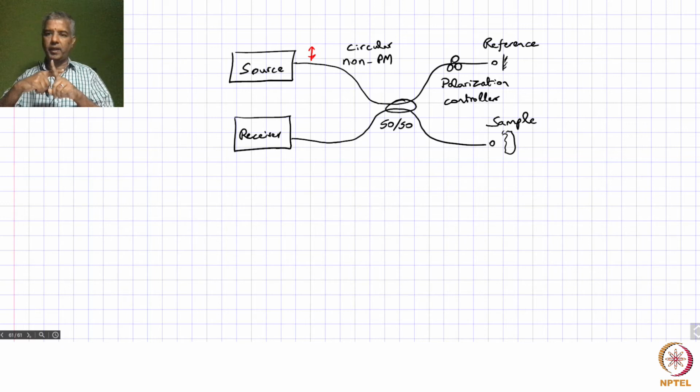So, what you say is, instead of using a circular non-PM fiber, can I use a PM fiber all across? And if I use a polarization maintaining fiber for all these fiber lengths, then you can maintain the polarization.